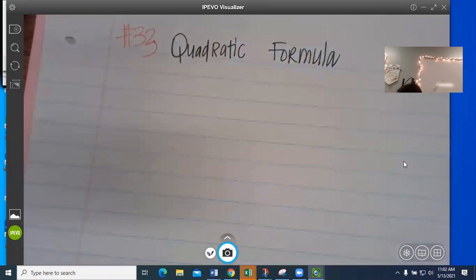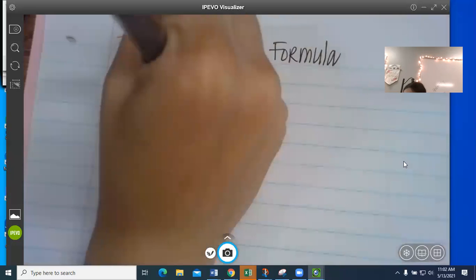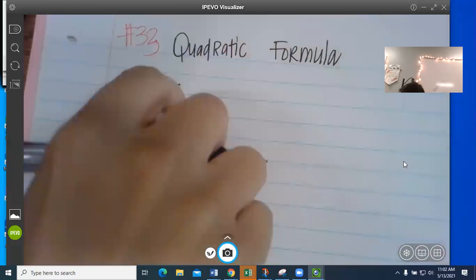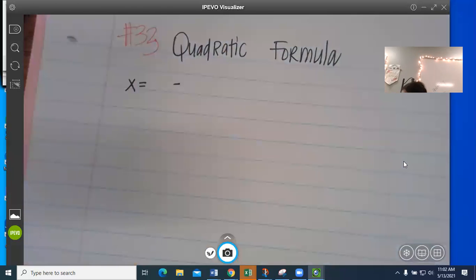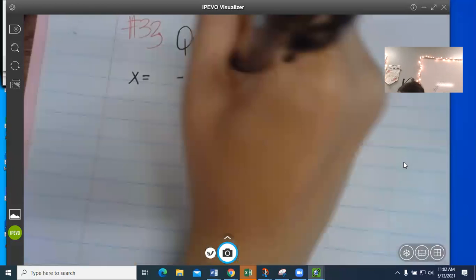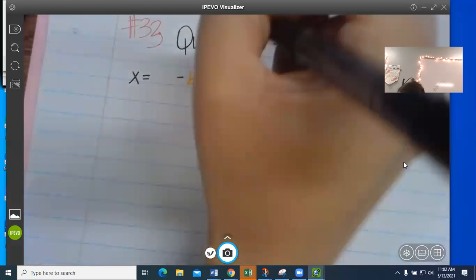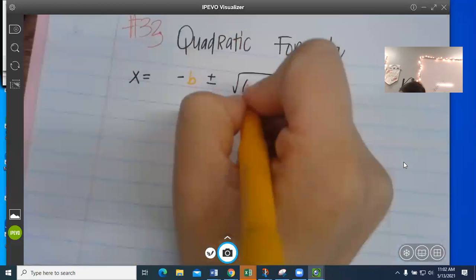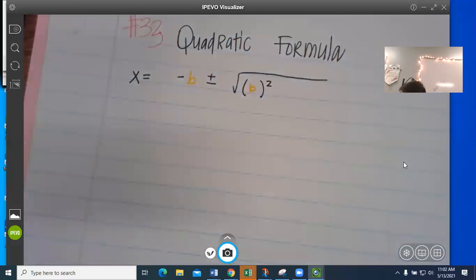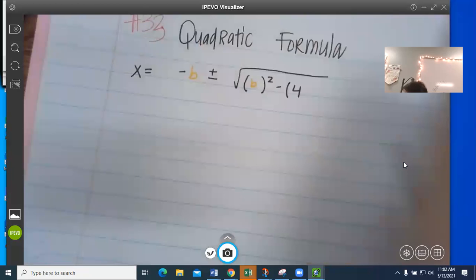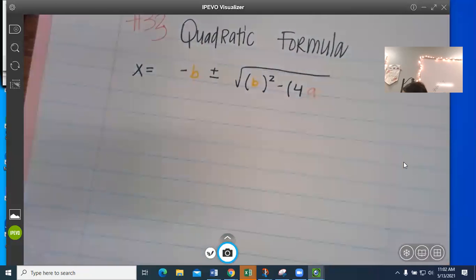Now you don't have to memorize the quadratic formula, but after you do so much practice, a lot of times you do memorize it. So it's going to be x equals negative b plus or minus the square root of b squared minus 4 times the a times the c.